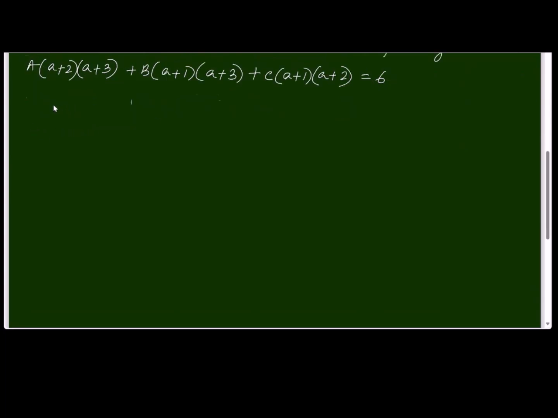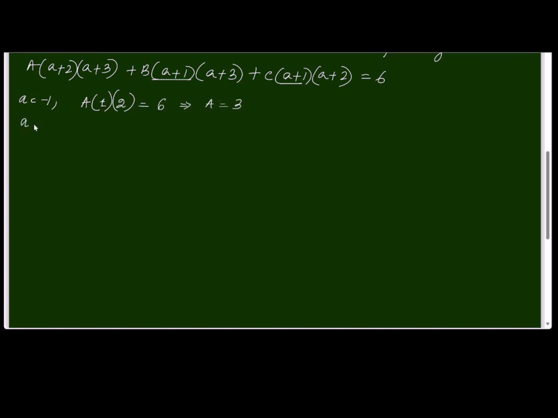Taking a as an arbitrary constant, first I take a equals negative 1, then the B component and C component will vanish. So A into positive 1 into positive 2 equals 6, which gives A equals 3.